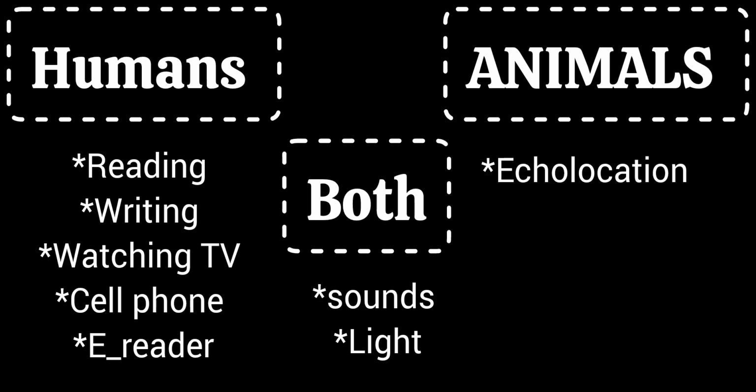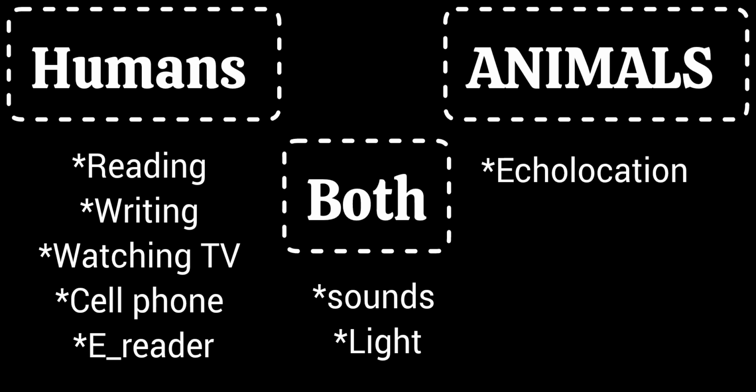And animals can communicate with echolocation. But both humans and animals can communicate by producing sounds, which is high-pitched sound or low-pitched sound, or by using light. So both humans and animals can communicate by sounds and light.